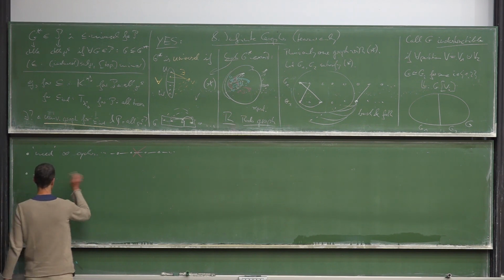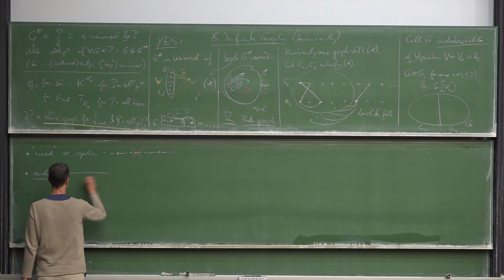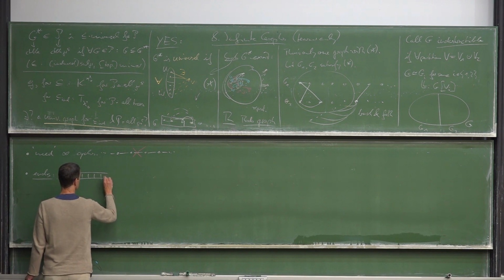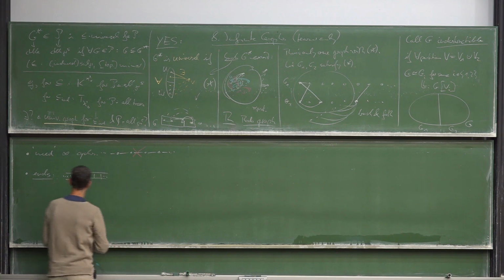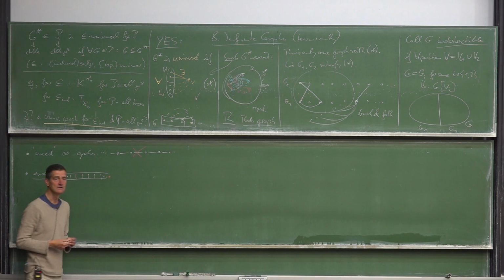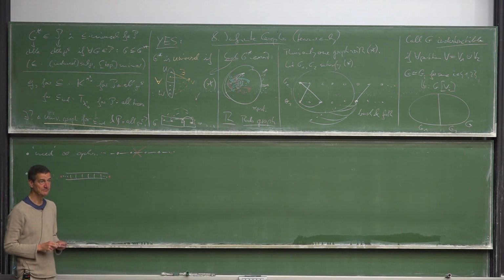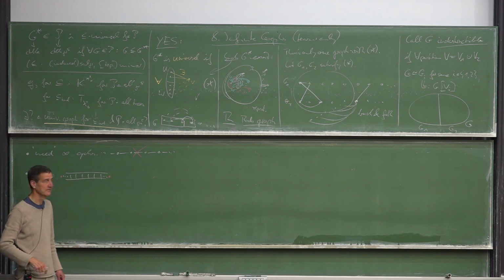So let me just give you examples first, and then give a formal definition. So here's the two-way infinite ladder, and that has two ends, one on the left and one on the right. Points at infinity, whatever that means.